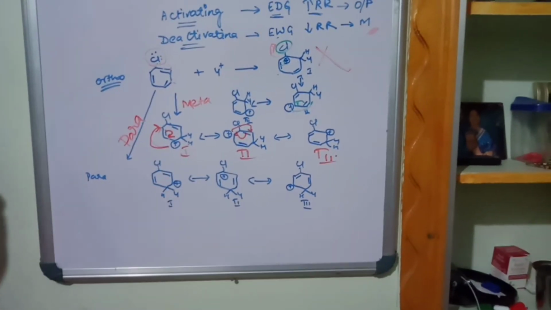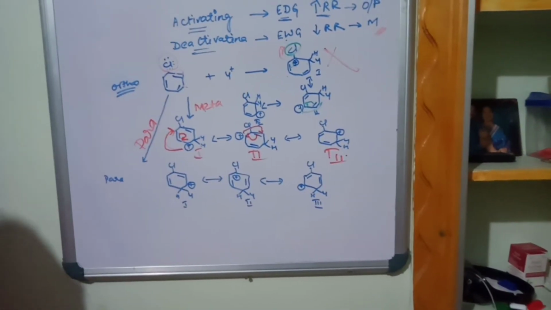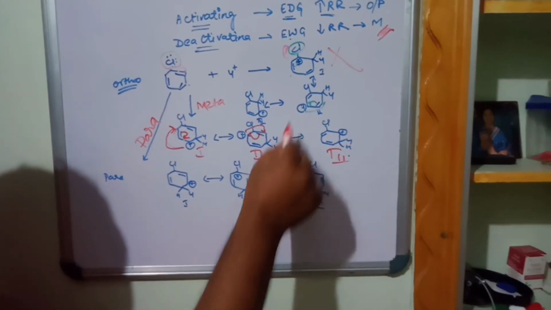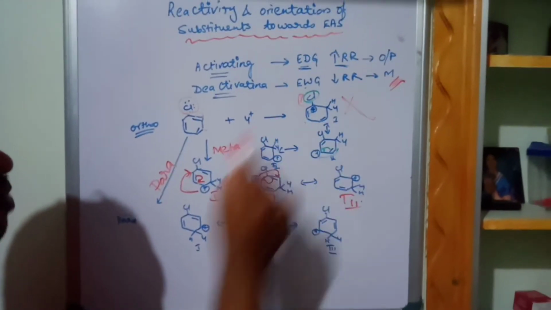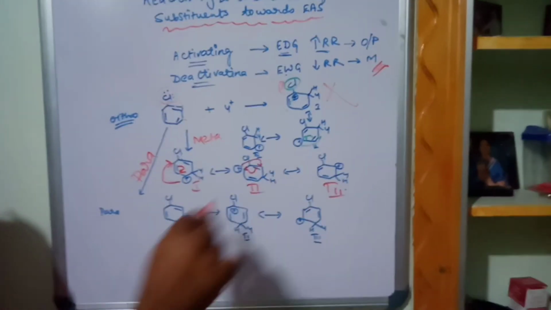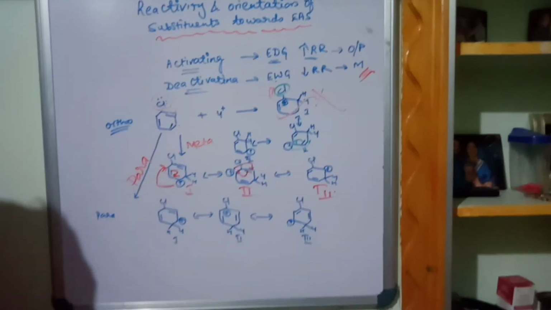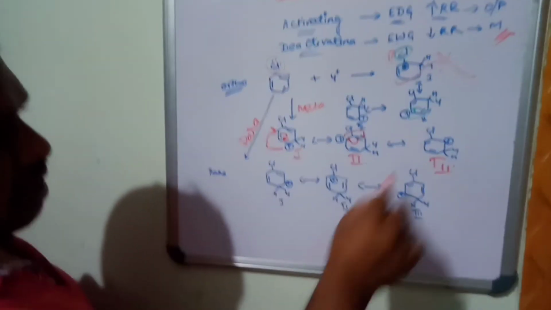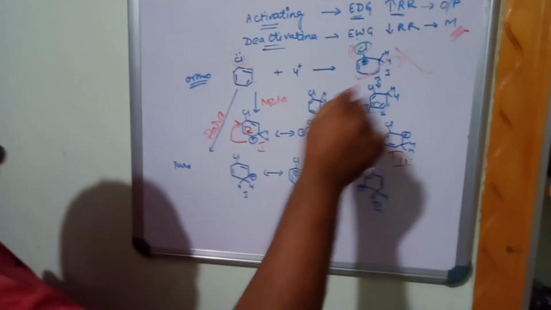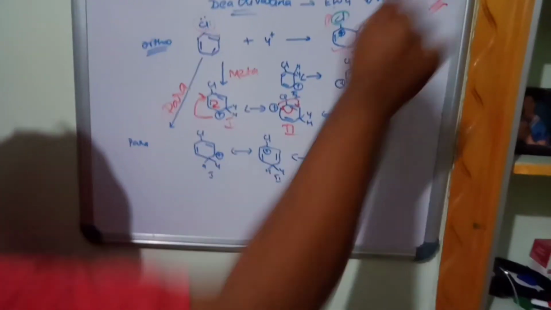But why are they meta directors? Deactivating groups are meta directors means you see the carbon holding positive charge, the same carbon holding the electron withdrawing group. Is any structure like that first structure in the ortho position there here? No. Any structure? No. So the first structure is highly destabilized.